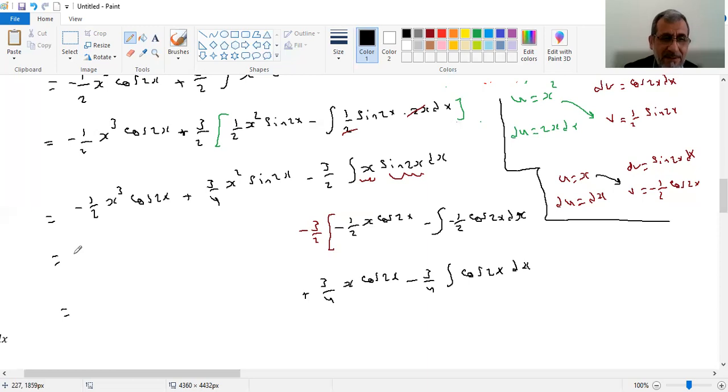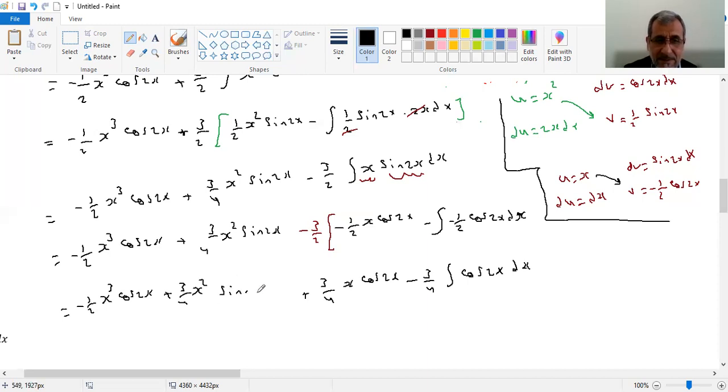Rewrite the first one: negative half x cubed cosine 2x plus 3 over 4 x squared sine 2x, plus now the last one, the integral of this one.